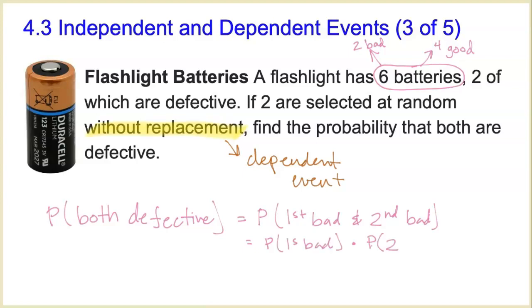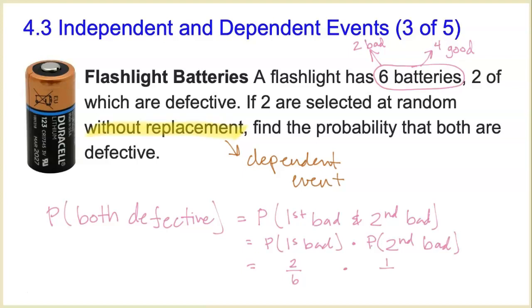So the first one times the second one. The probability that the first battery was bad, well, out of the 6 batteries, 2 of them are defective. So you have a 2 in 6 chance of getting a bad one the first time. Since it's not replaced, this is what affects the overall outcome of our probability, right?